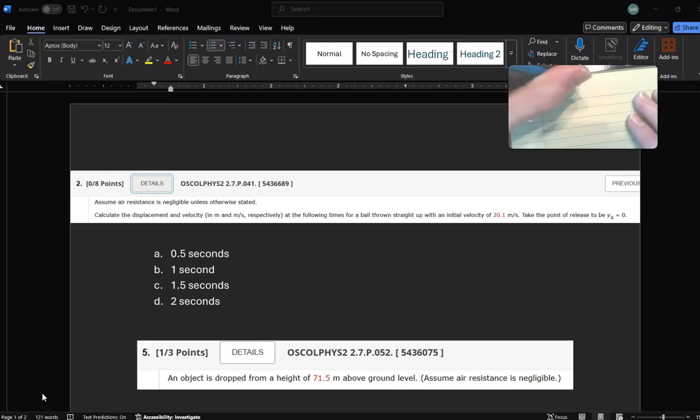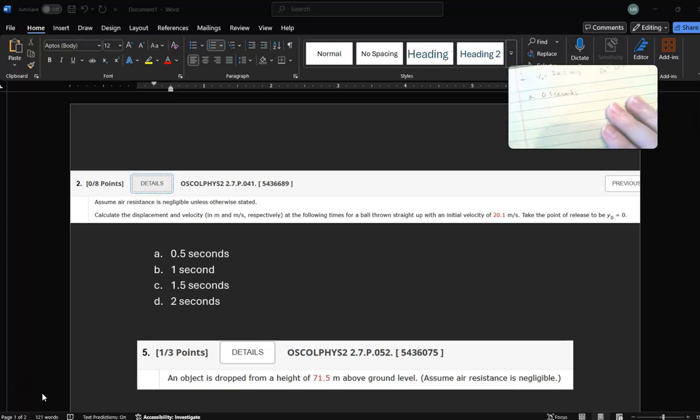So our initial velocity is 20.1 meters per second, and our initial position is 0 meters. The first one is asking for 0.5 seconds.